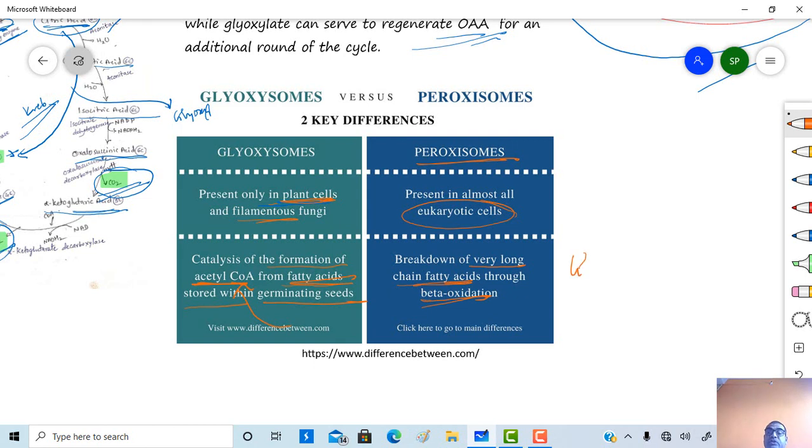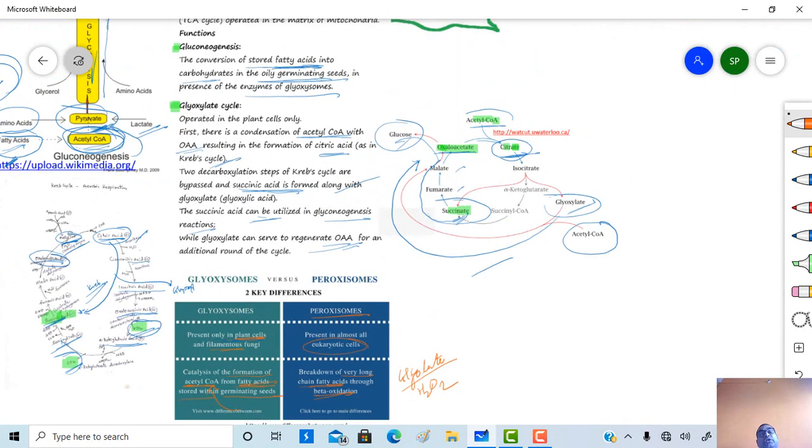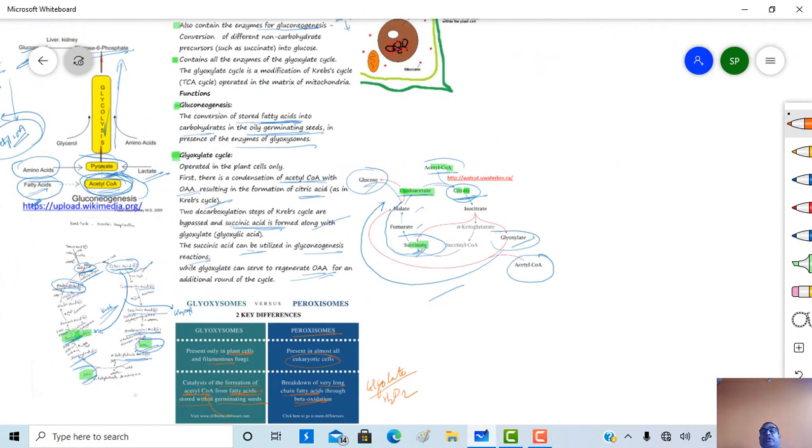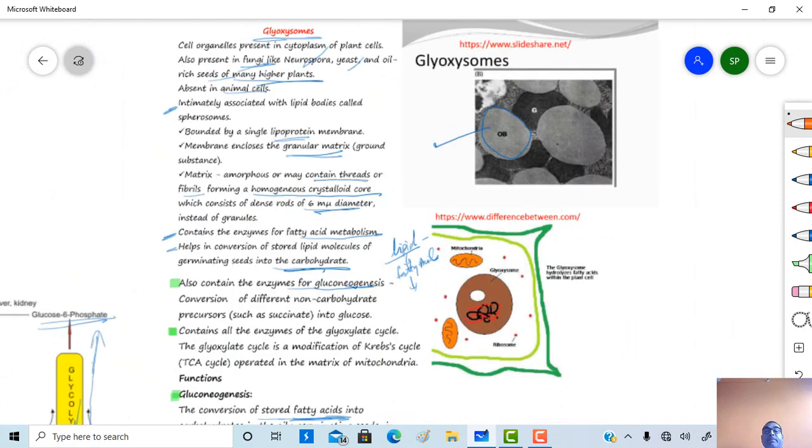Along with it, they are also involved in glycolate metabolism, or in hydrogen peroxide metabolism. So this is about the microbodies, which are the membrane bounded cell organelles present in the cells. So this is about the peroxisome and glyoxysome.